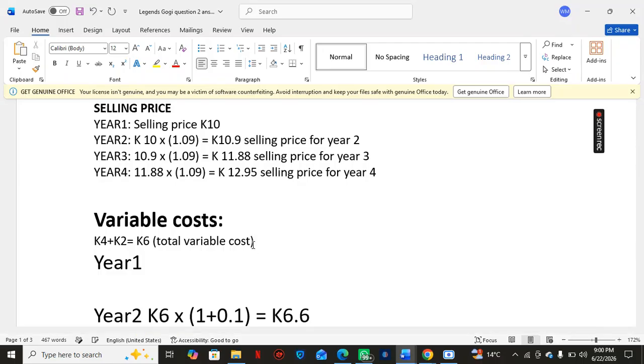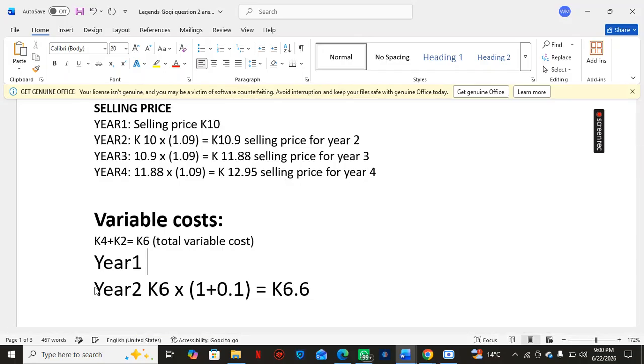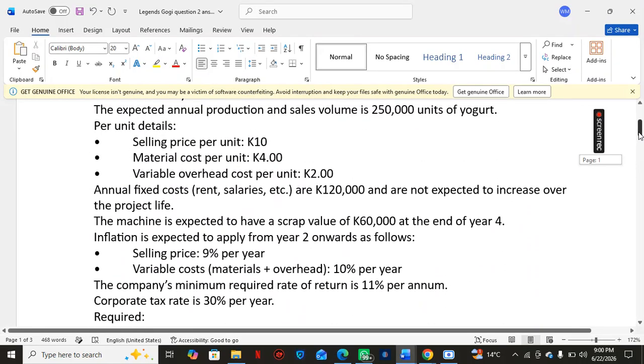Now we start. In year 1, it will stay as 6 kwacha. Year 2, we've said the variable costs are increasing by 10% per year.